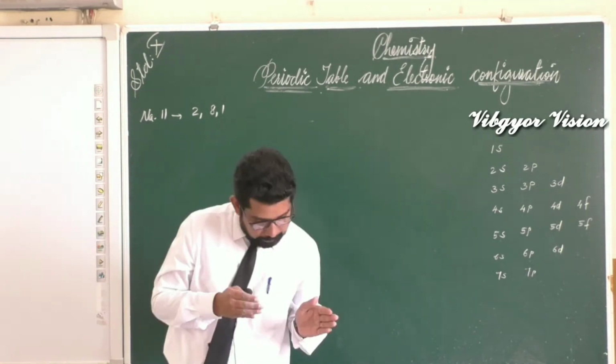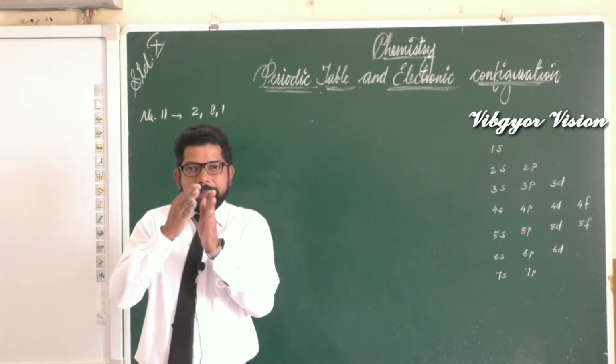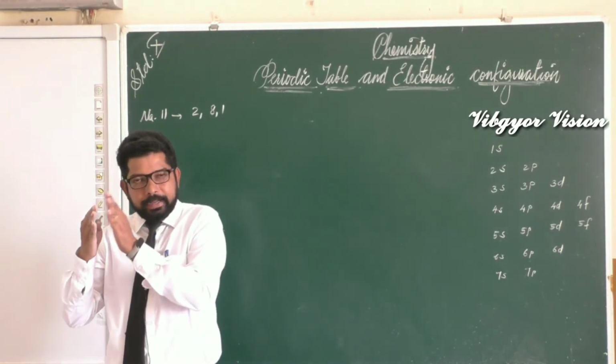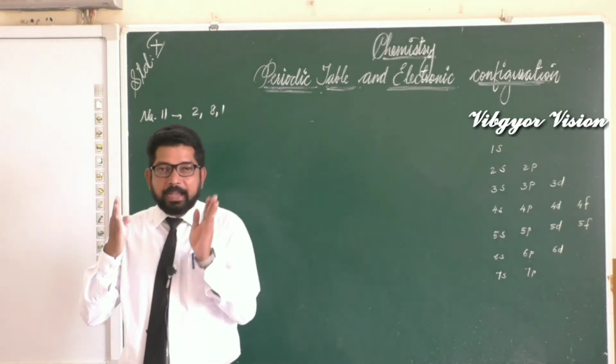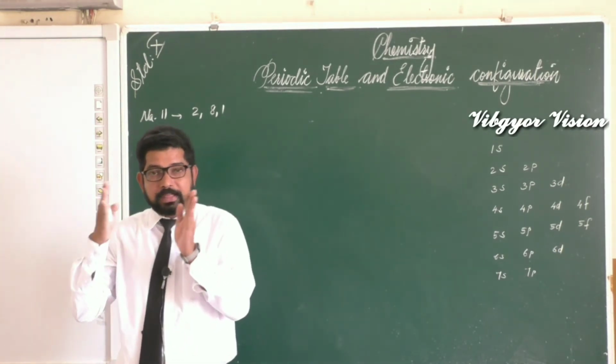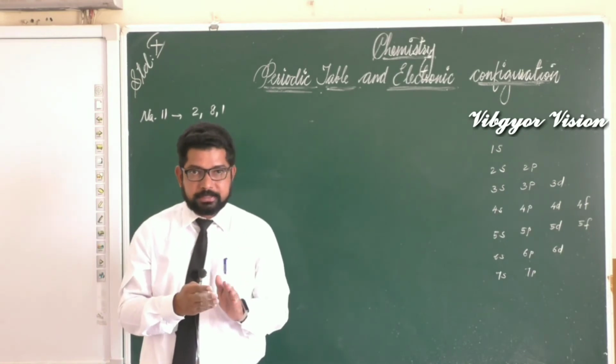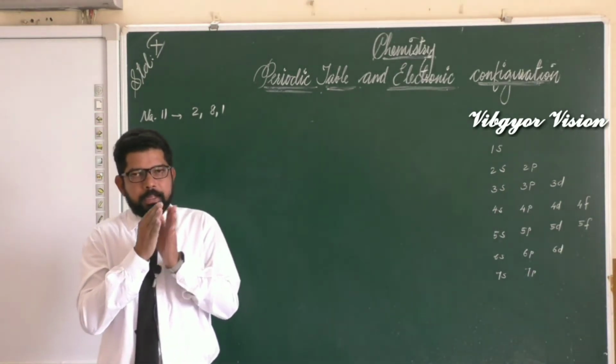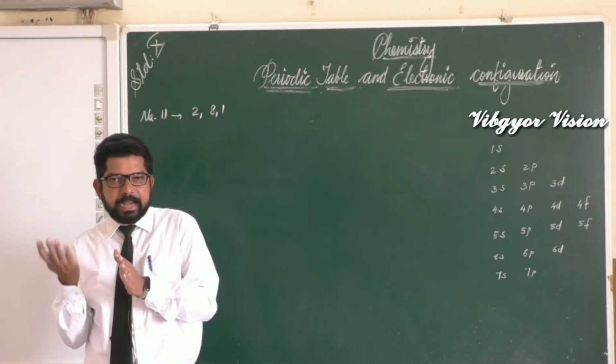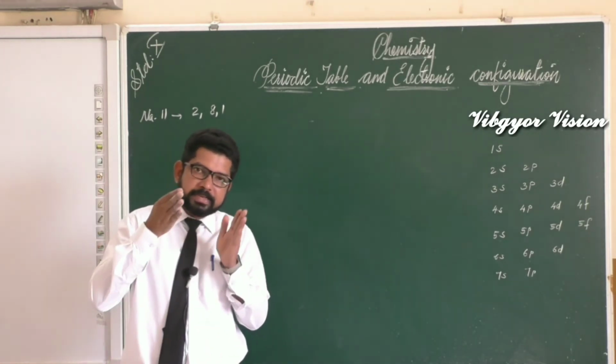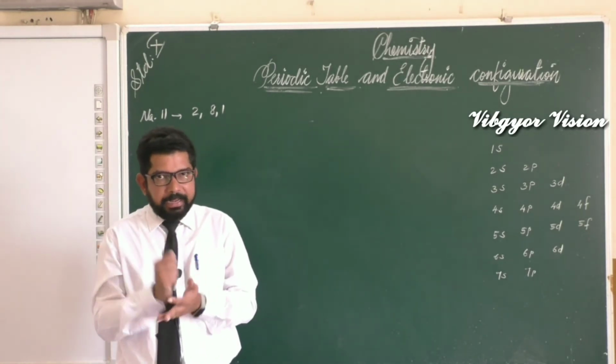In the same way, as the distance of the electrons from the nucleus increases, the attractive force between nucleus and electron decreases. As the distance from the nucleus increases, its energy increases and its attractive force decreases.